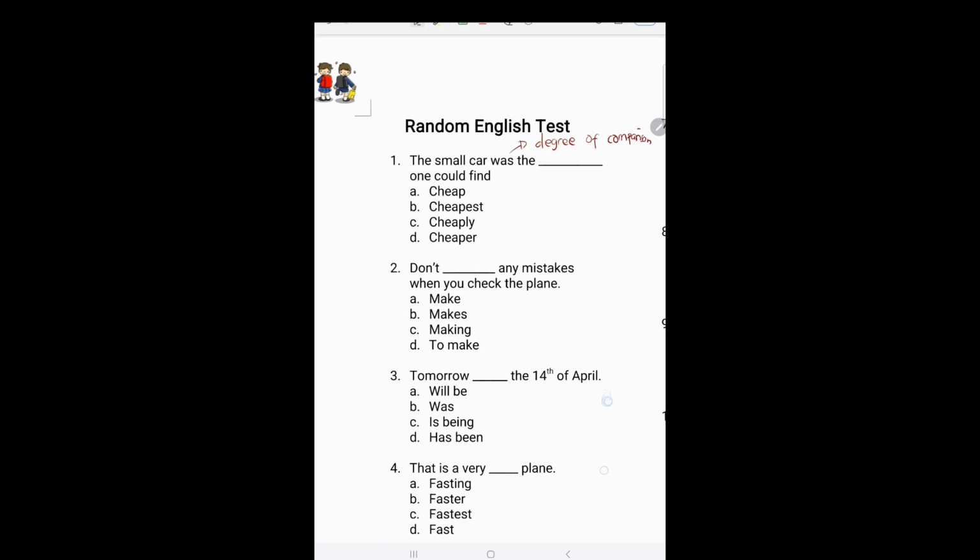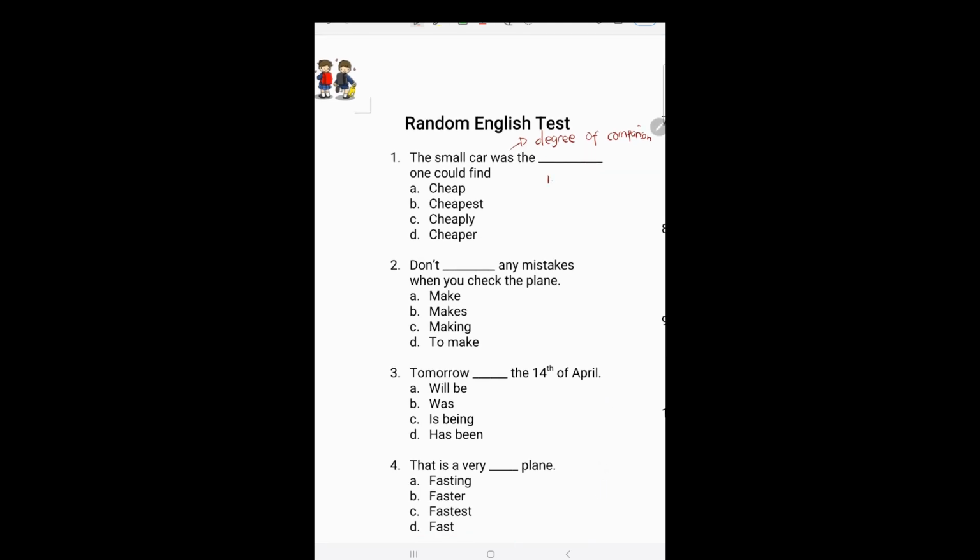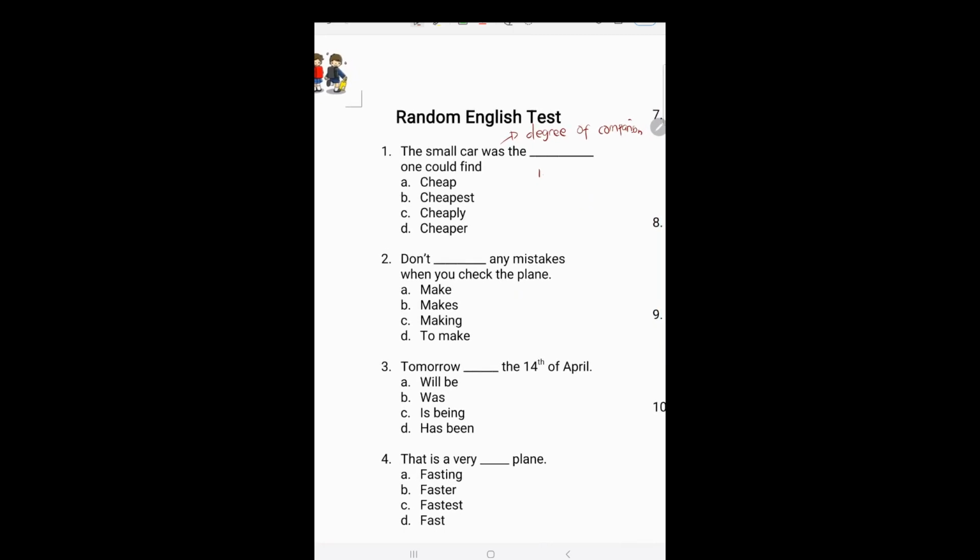And degree of comparison itself is divided into 3 types. First, positive degree, comparative degree, and superlative degree.